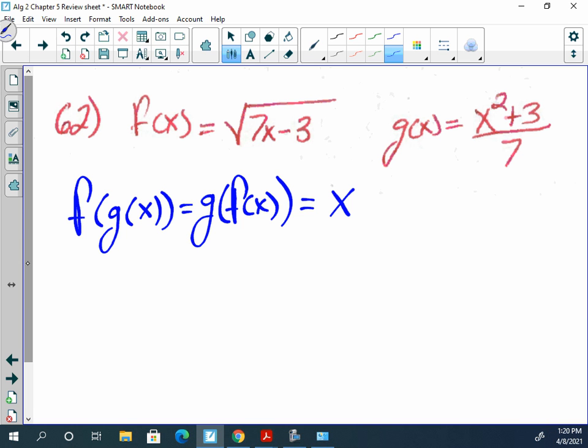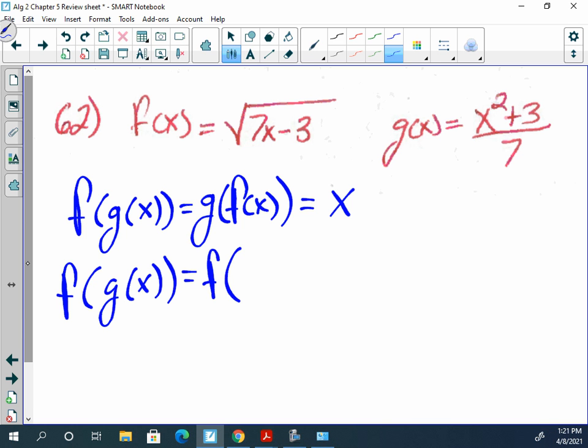Because if f of g of x gives us x and g of f of x gives us the value of x, then these two functions are inverses. And so that's what we're going to need to do. We're going to use these composite functions to show that these two functions here are inverses.